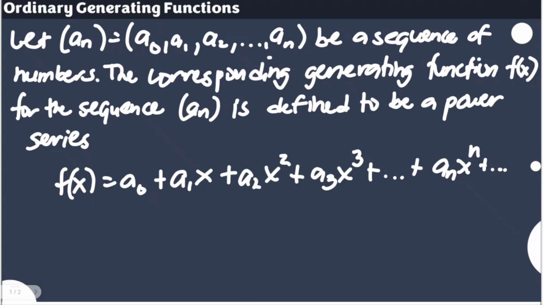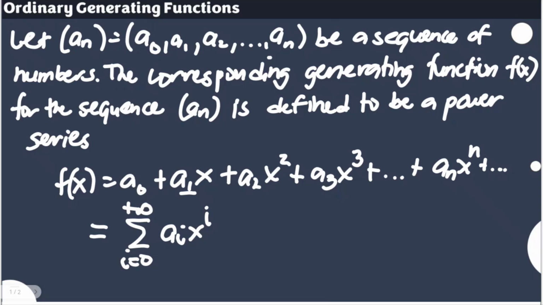Now this generating function can be defined as a power series, the summation of a sub i x to the power of i. Noticeably, we have the same exponents here. So you have a sub i x to the power of i, where i starts from 0 to positive infinity. So this is how we derive a generating function.